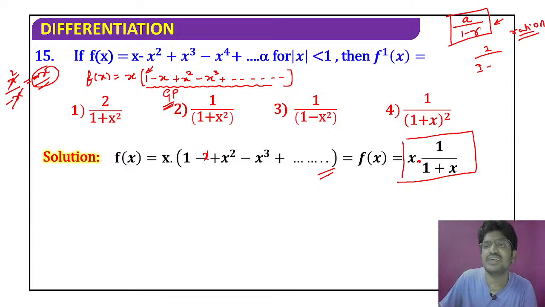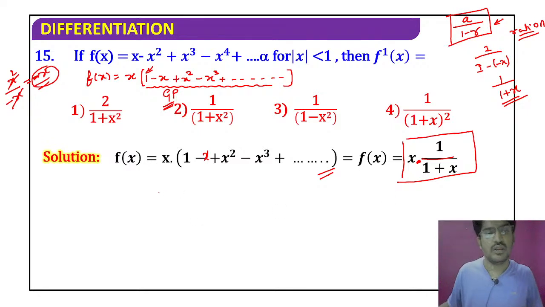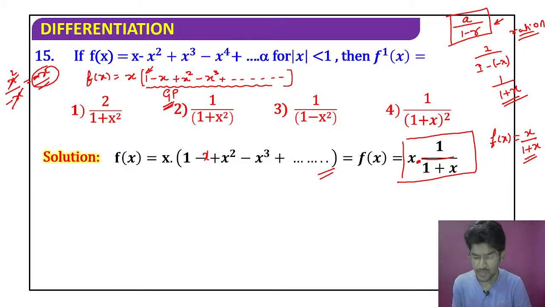So if I put minus x in the place of r, that is going to be 1 divided by 1 plus x. So therefore, x into 1 divided by 1 plus x is your function. Now, f of x is x divided by 1 plus x.